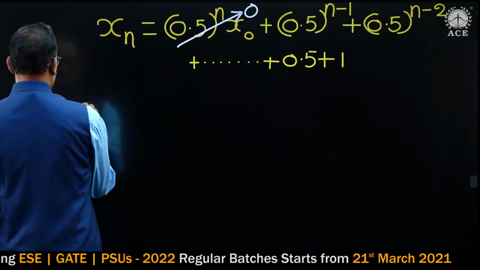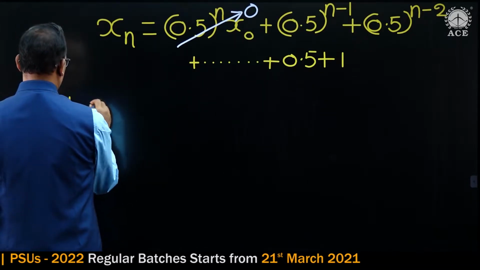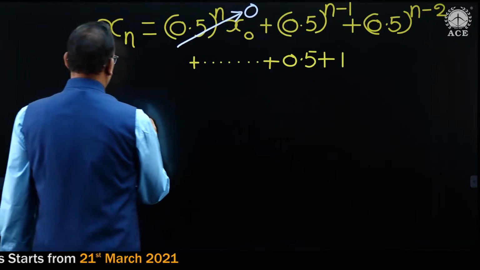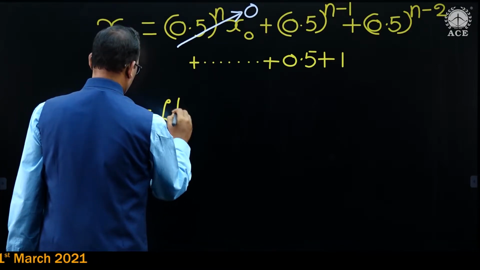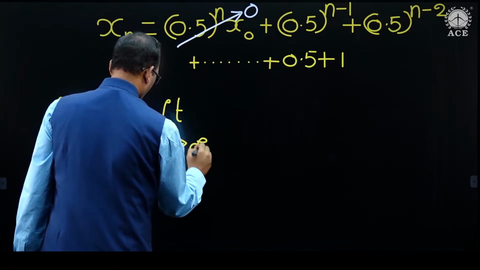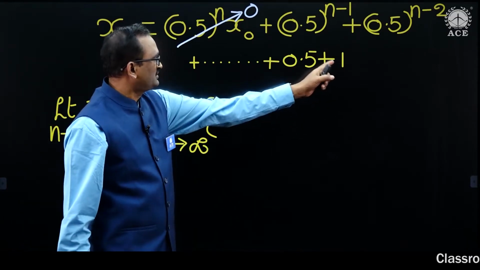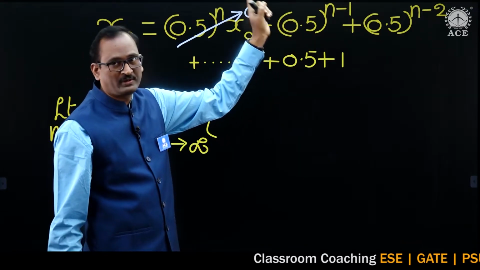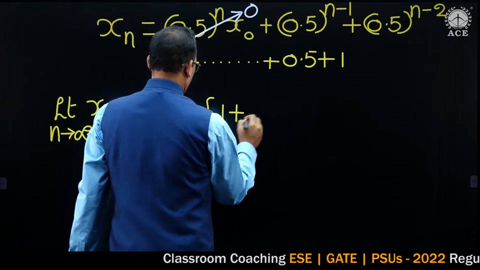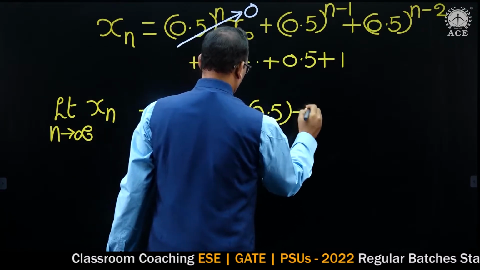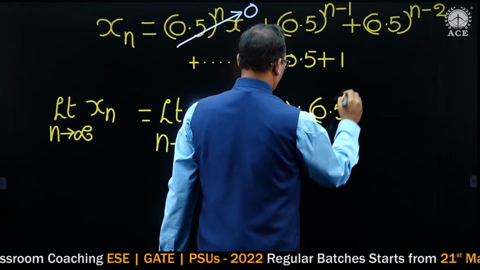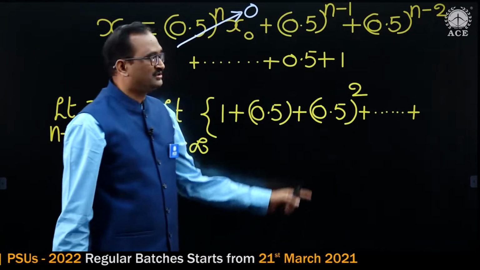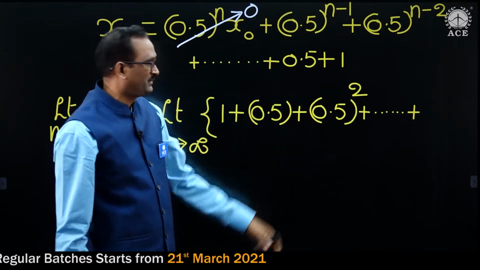Taking limit, xn as n tends to infinity is equal to limit n approaches infinity of 1 plus 0.5 plus 0.5 whole square plus and so on, the last term being 0.5 whole power n minus 1.